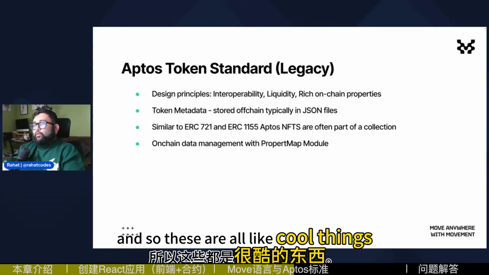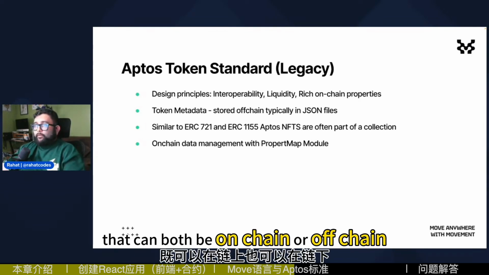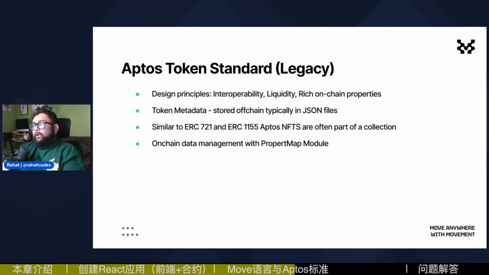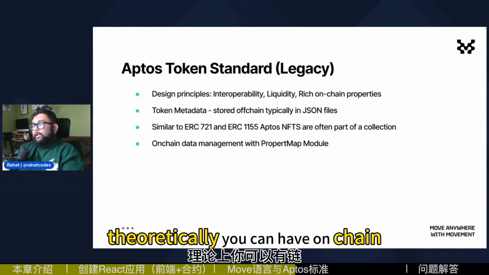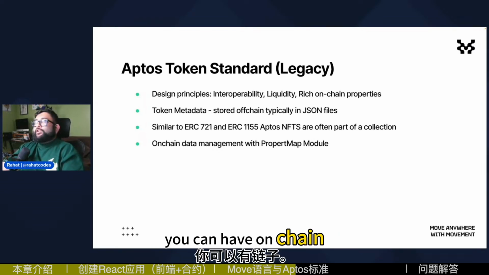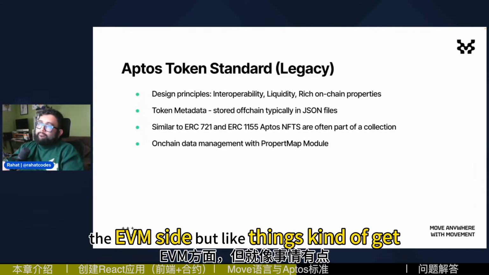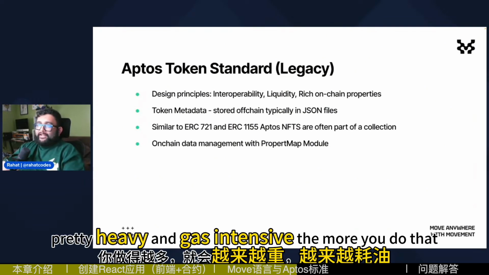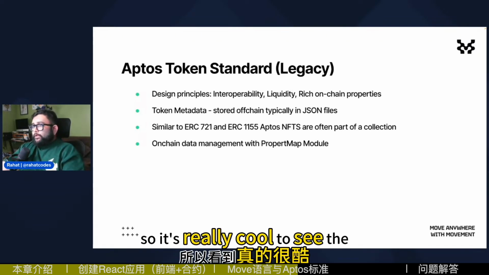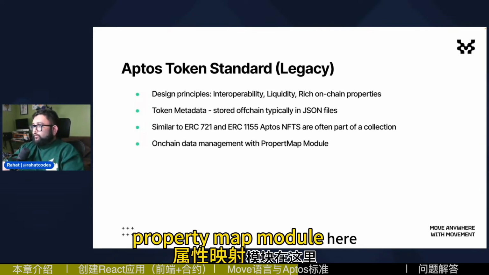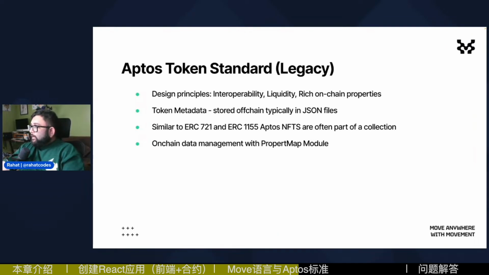These are all cool things that can be on-chain or off-chain. Theoretically, you can have on-chain metadata on the EVM side, but things get pretty heavy and gas intensive the more you do that. So it's really cool to see the property map module here for this.